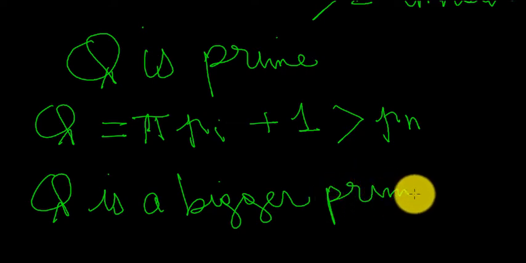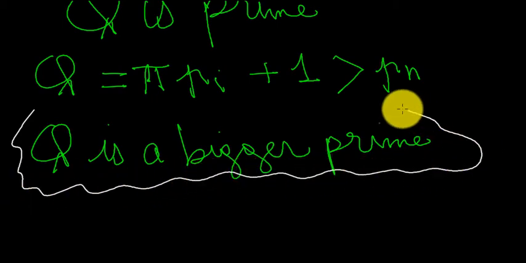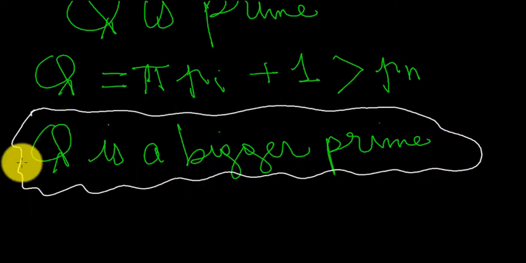So what we found here is that by assuming that the set of prime numbers is finite, we found a number which is prime and which is bigger than all the primes that we assumed in the first place.